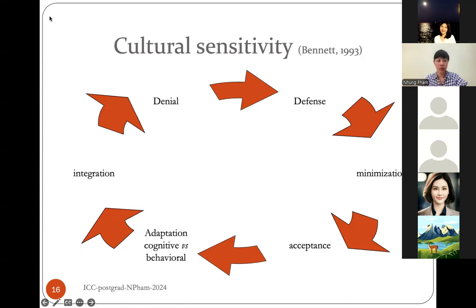Okay, so it always takes time to go through this whole process, and for some people a lot of pain, to suffer from culture shocks and stereotyping before they come to the stage when they can really accept, understand, and function properly in intercultural contexts.